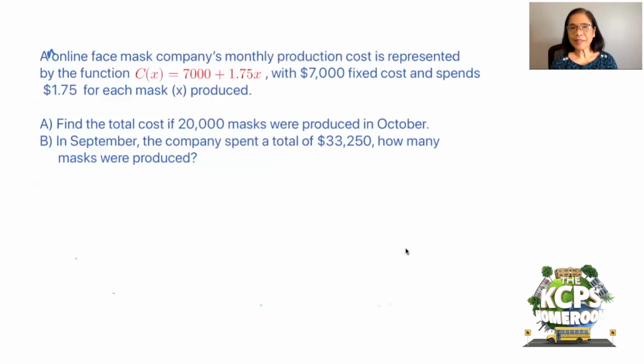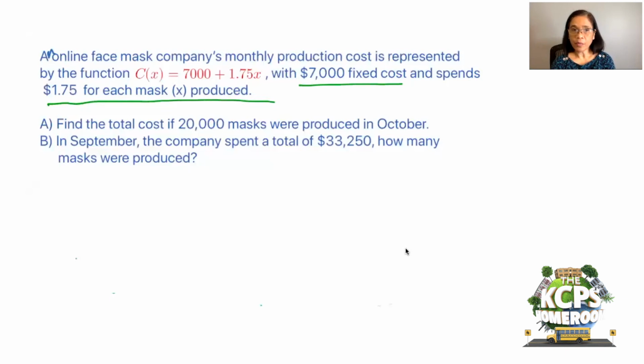Okay, let's have another example. An online face mask company's monthly production cost is represented by the function C of x is equal to 7,000 plus 1.75x with 7,000 as the fixed cost, and it spends $1.75 for each mask that is produced.